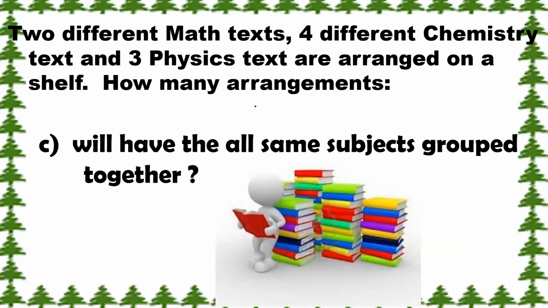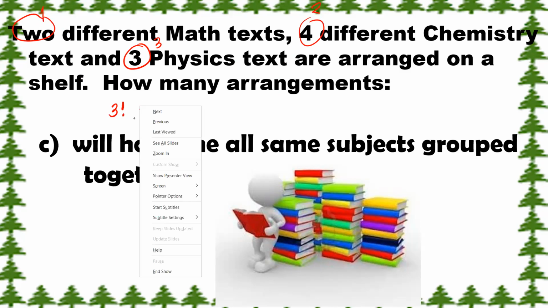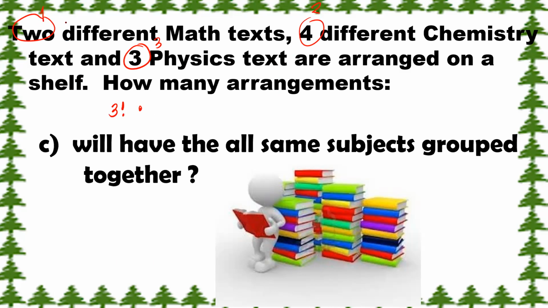We'll have all same subjects grouped together. So kung all same subject grouped together, so this will be 1, 2, 3. We count them as 1, okay? Since we count them as 1, we only have 3. So that's 3 factorial times their own arrangement.